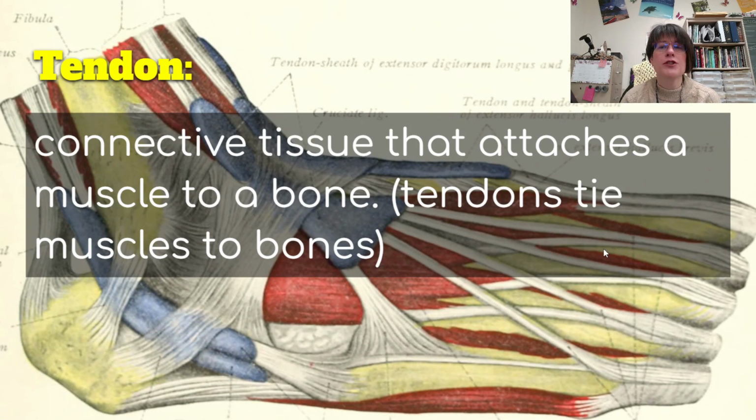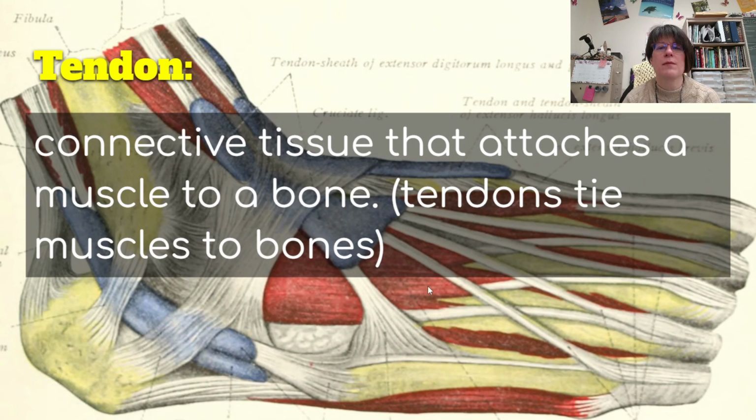Now, some important structures associated with joints are tendons. This is connective tissue that attaches a muscle to a bone. And I like to remember that tendons tie muscles to bones. That's how I remember. And so these are the tendons, these white things here that are attaching.